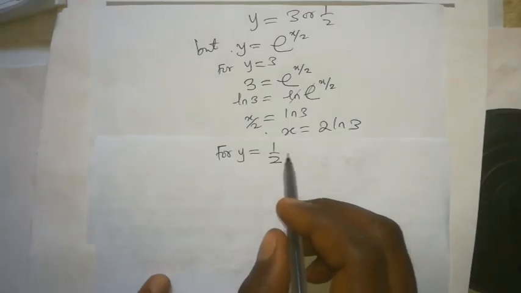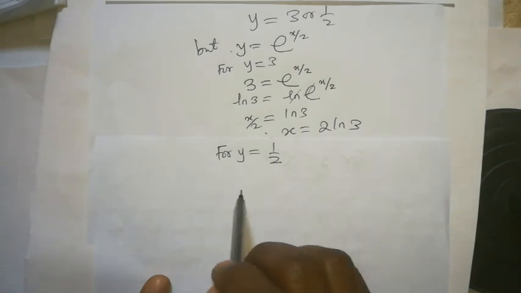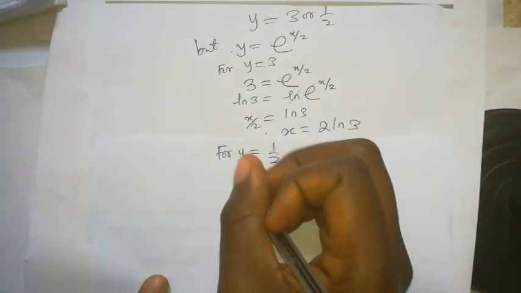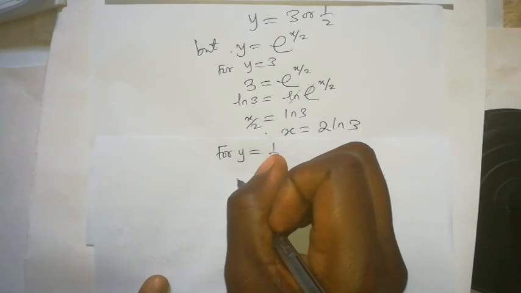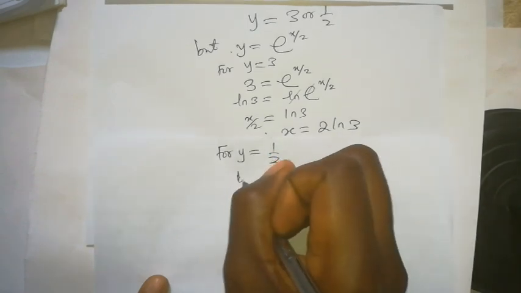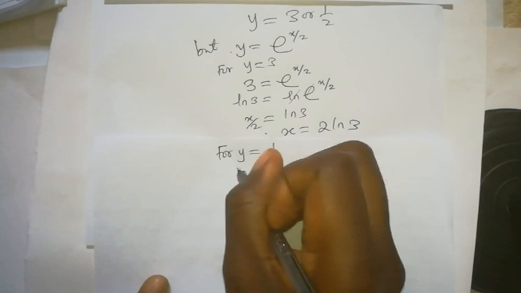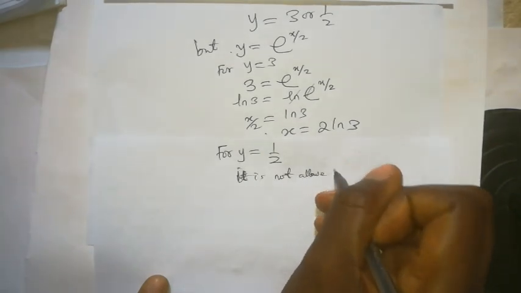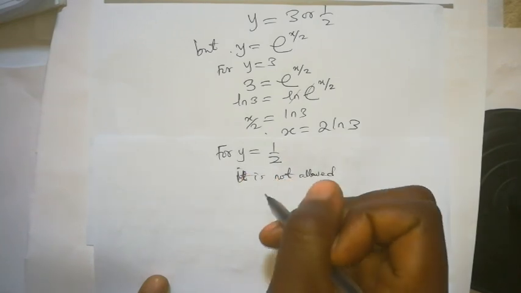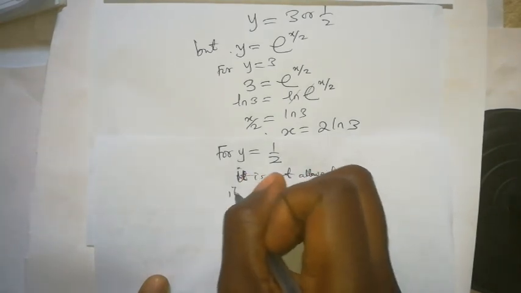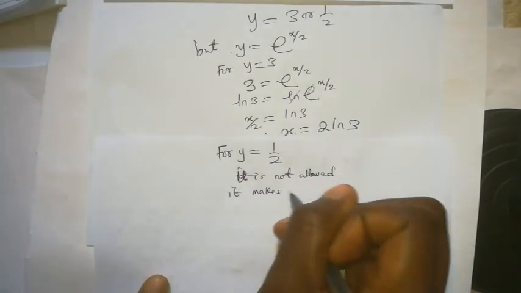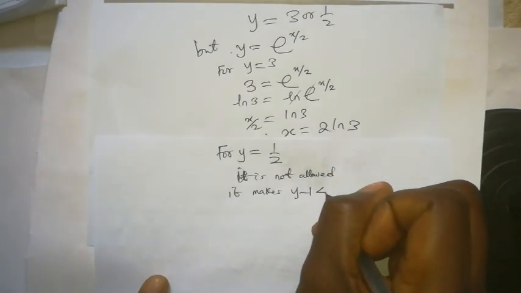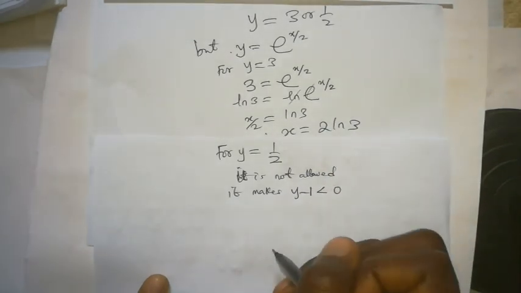So in the case of when y is equals to 1 over 2, this is impossible. Why? Because it is not allowed, because it makes y minus 1 to be less than 0. You get it?